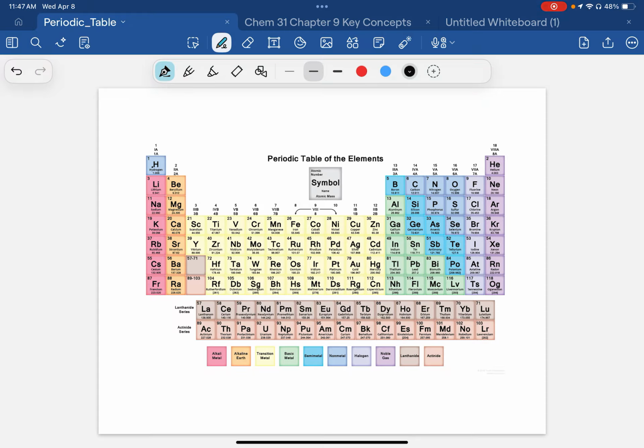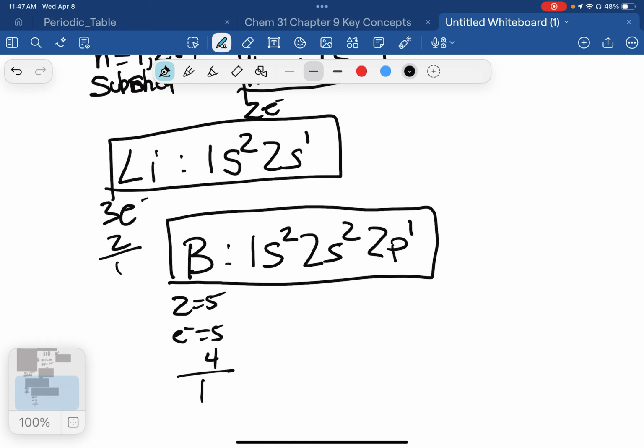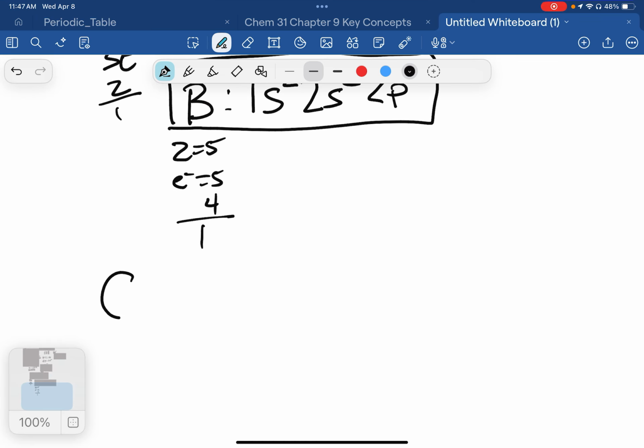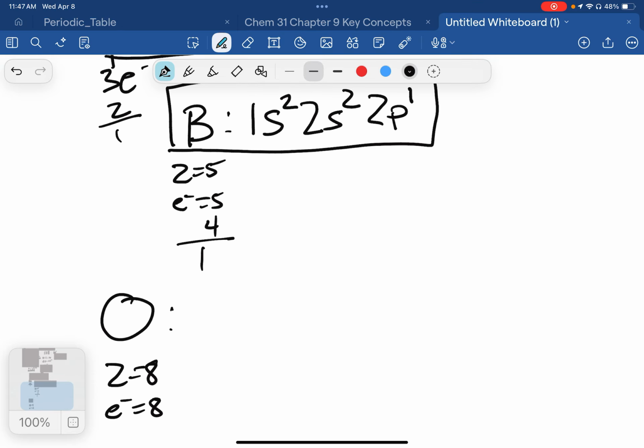Let's go ahead and look at oxygen a little bit further down. Oxygen has an atomic number of 8. Let's just write that down. Z equals 8. We know that it's neutral, therefore electrons equal 8. So we're going to go ahead and do just what we've done before. We know from looking at boron that we already know the order they are in.